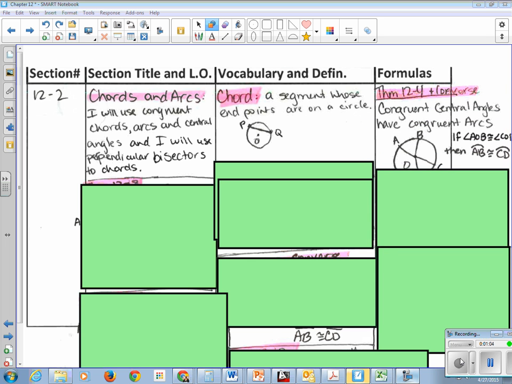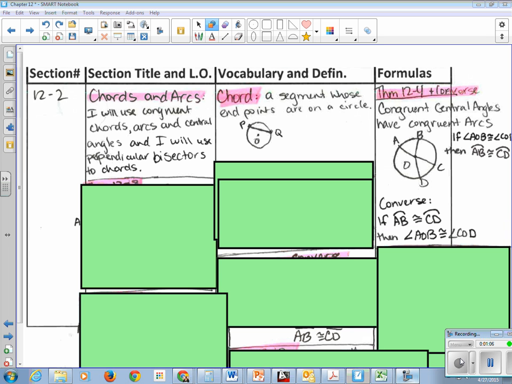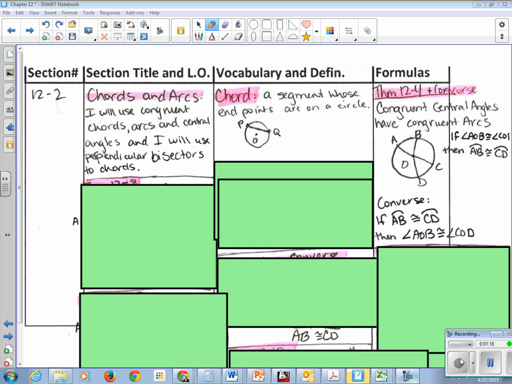So theorem 12-4 and its converse are: congruent central angles have congruent arcs. Example, if angle AOB is congruent to COD, then arc AB is congruent to arc CD.